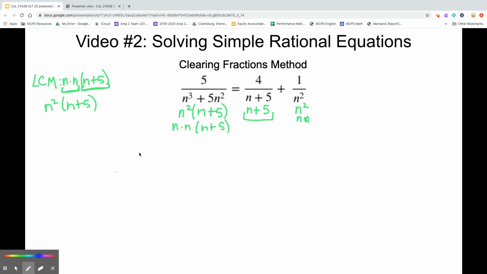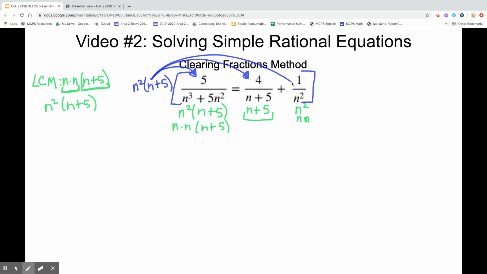Now, I'm going to use that and I'm going to multiply here. I am multiplying every single fraction by n squared times the quantity of n plus 5. So I'm going to multiply here. I'm going to multiply here. And I'm going to multiply to this last fraction, 1 divided by n squared.